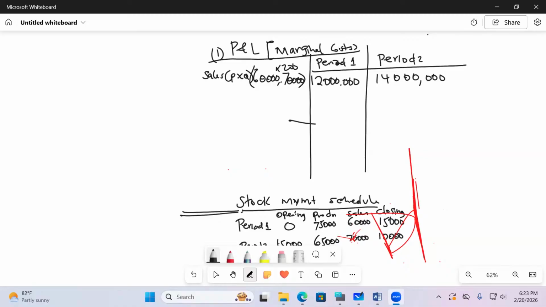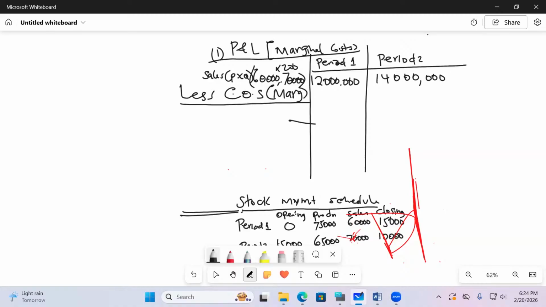Okay. So then we come under less, in this case here, cost of sales. But remember, which cost of sales are we deducting here? The marginal ones, isn't it? The marginal cost of sales.